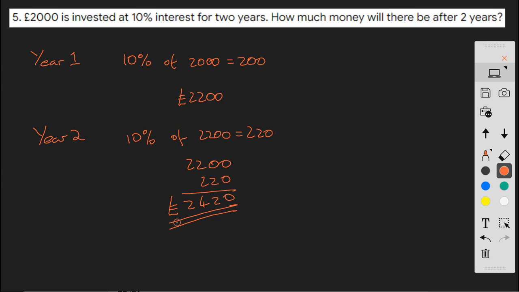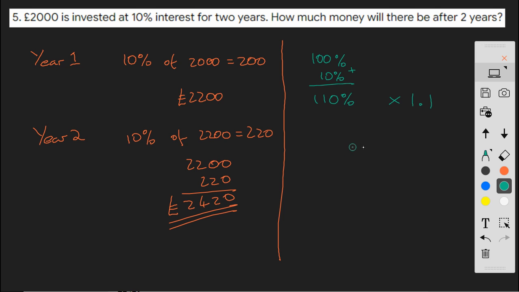£2,420. Let's have method 2, which is to say, well, we started with 100% plus 10% is 110%. So we are multiplying by 1.1.